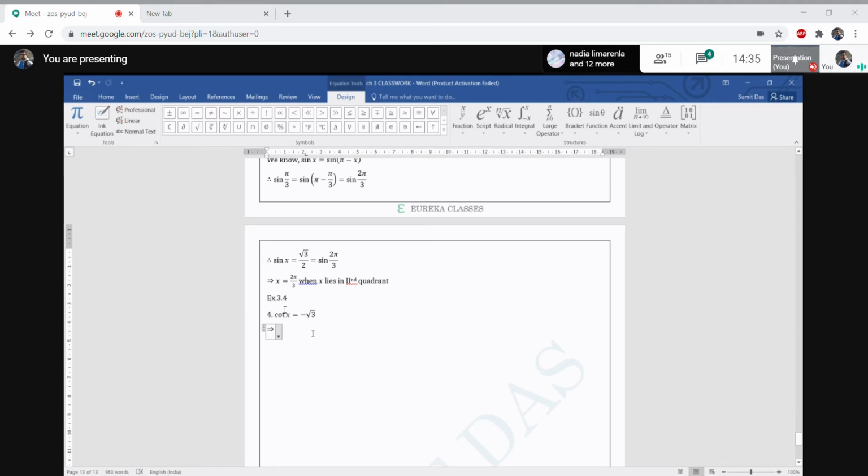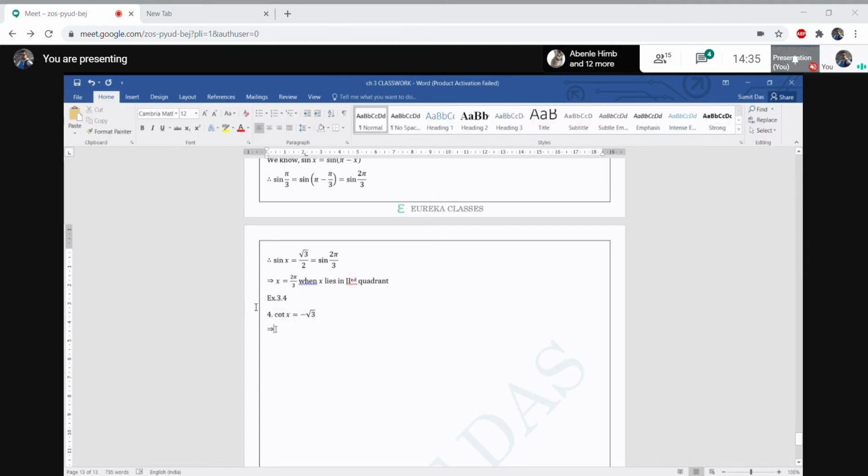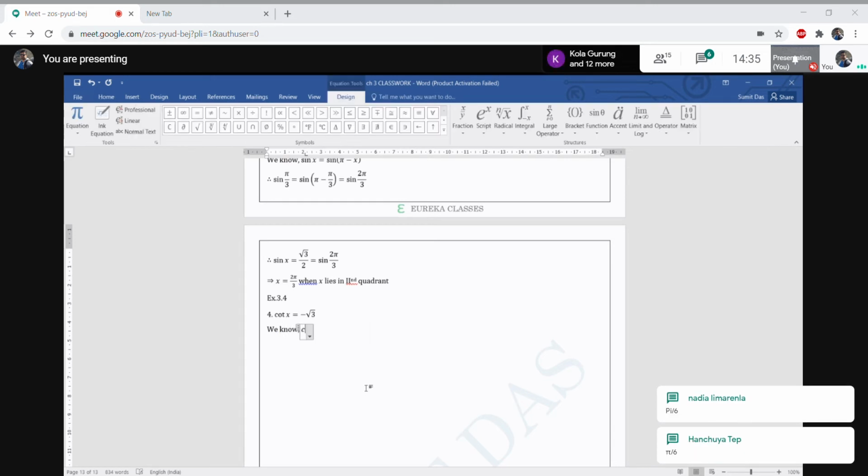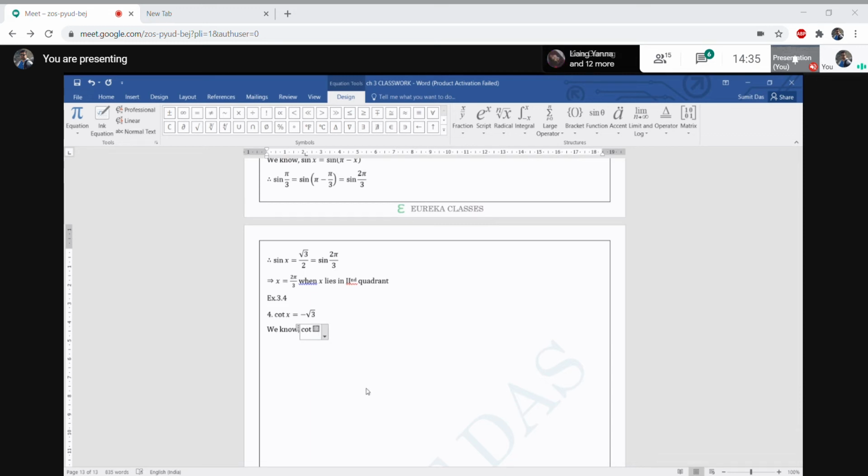Which value of cot is root 3? We know cot pi by 3 or pi by 6.